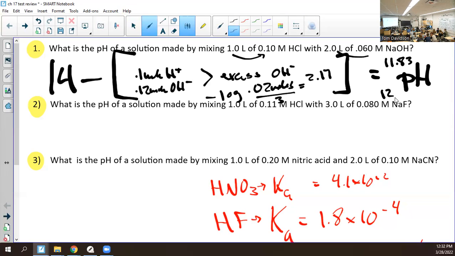The answer would have been 12 technically, or 11.83. If I type it, I'm not too worried about it, but we should definitely start practicing answering with sig figs. So it would have been 12.